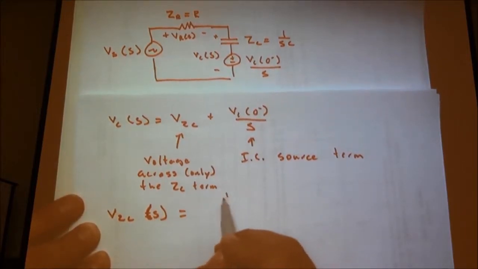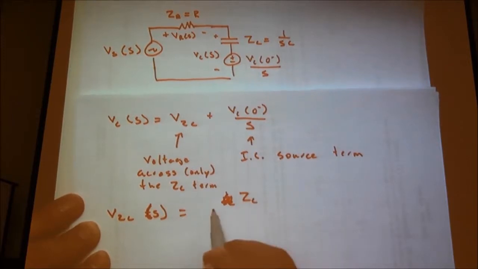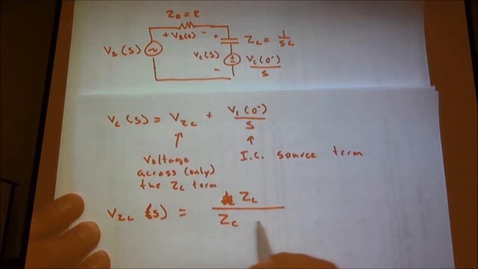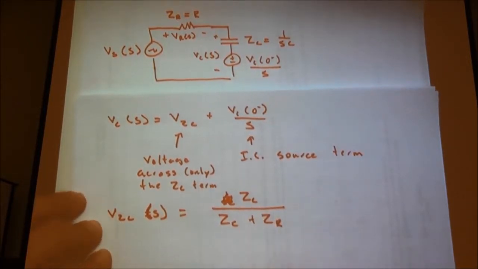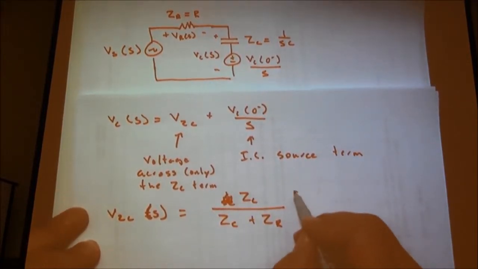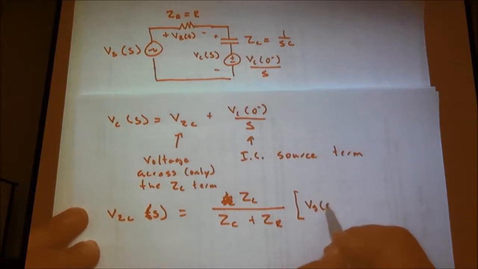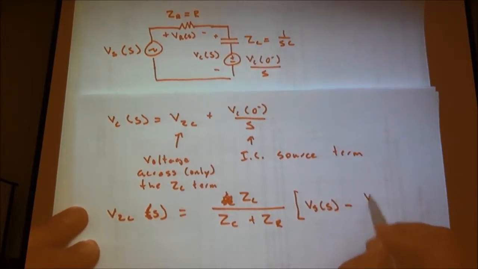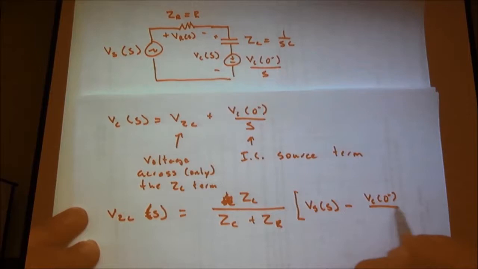But that's 1 over SC. I can leave it a little bit more symbolic for the moment. ZC over ZC plus ZR times, well, we have two sources in series, V source of S minus VC(0-) over S.